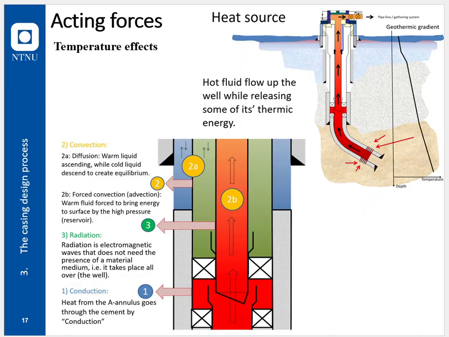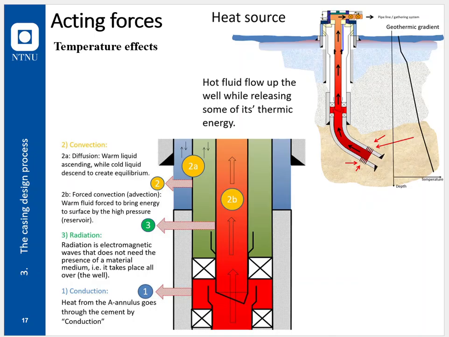And then we have convection, which is divided into two groups, diffusion and forced convection, or advection as it is called. We see it graphically where it would take place in the drawing down to the left.